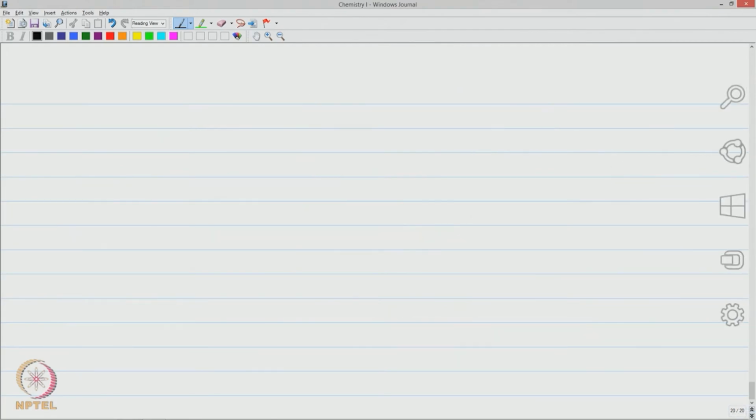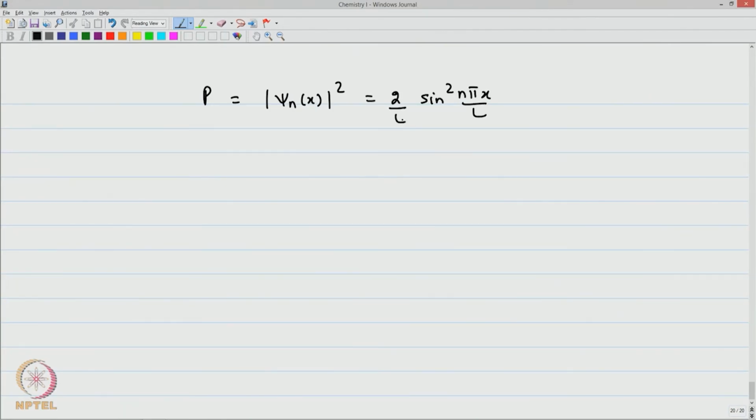So, what is the maximum? If the probability is given by psi n of x whole square, and that is essentially sine square n pi x by L times 2 by L, then you know the maxima or minima is obtained by taking the derivative of this probability with respect to the position and setting that equal to 0.